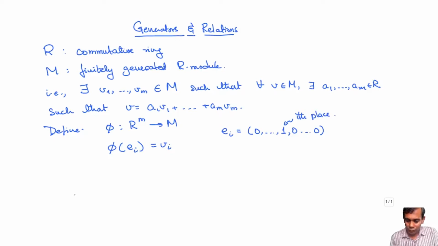Then phi of Ei is Vi, and so if you take phi of (A1, A2, ..., Am), it's going to be A1 V1 plus Am Vm, just because phi is an R module homomorphism. And so what we conclude is that phi is surjective.